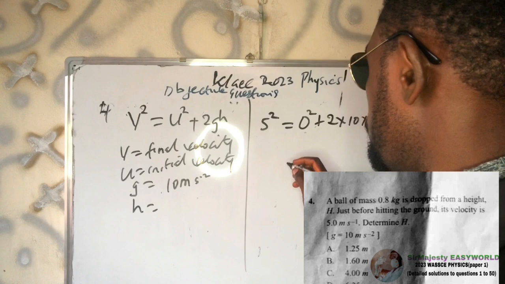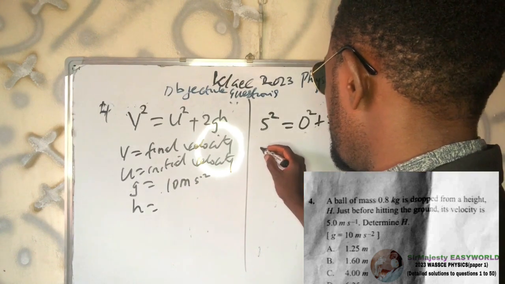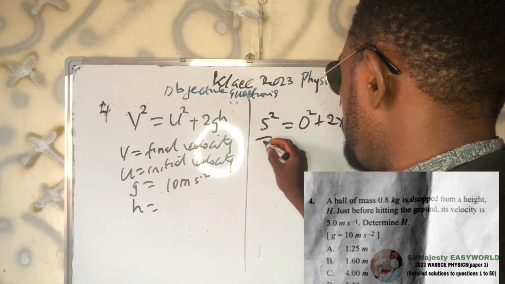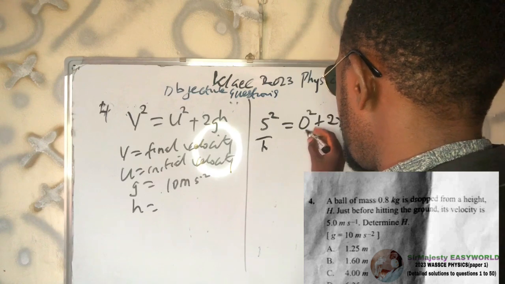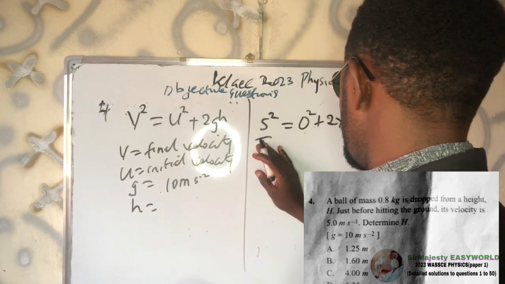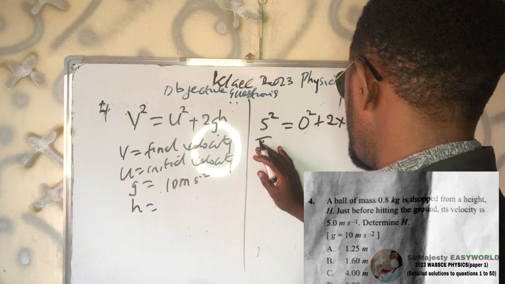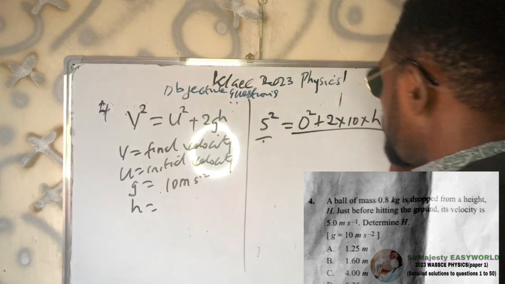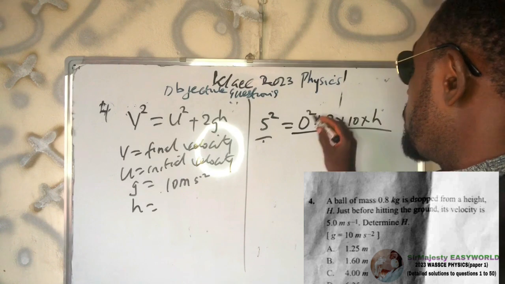Making h the subject of the formula, we divide both sides by everything around h that is not h.